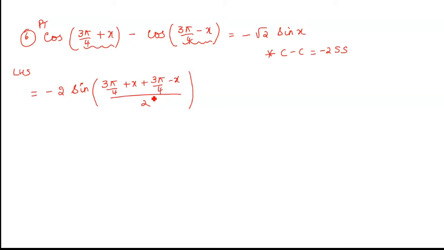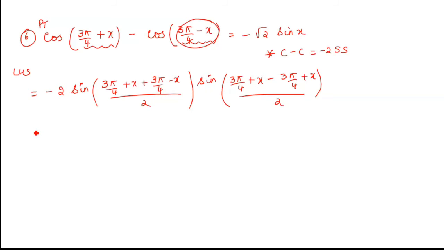So I finished 2S, one more S, so sine. Now what I have to do? I have to subtract. So 3 pi by 4 plus x minus, so minus of this term. Therefore that will become minus 3 pi by 4, minus of minus x will become plus x, whole divided by 2. So that is minus 2 S S.